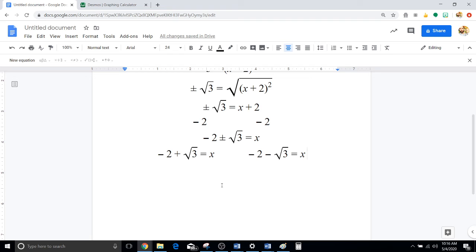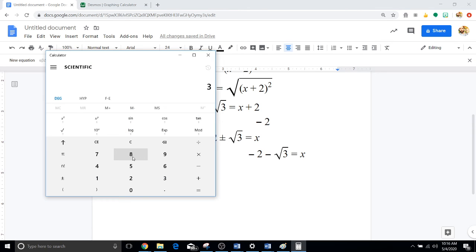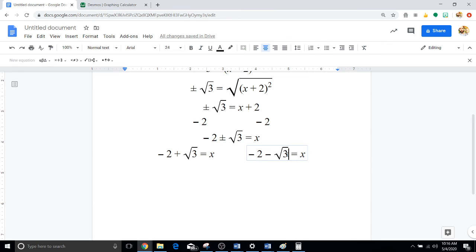In order to solve each of these, we need to find out what the root of 3 is. So we take the number 3 and square root it, and that gives us 1.73. We'll do the same for the other side.